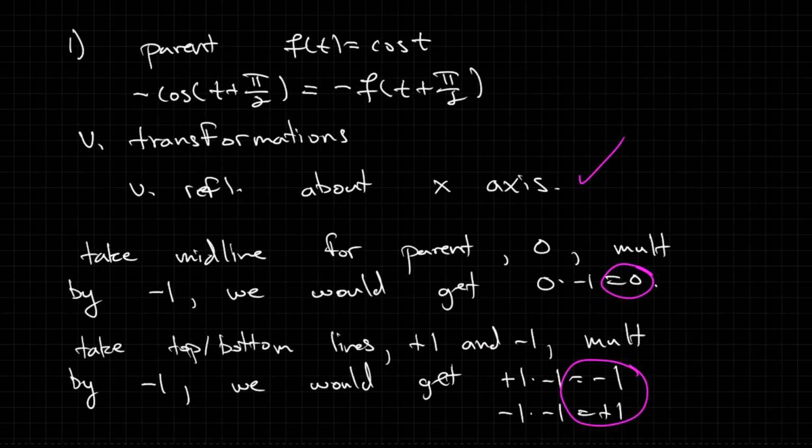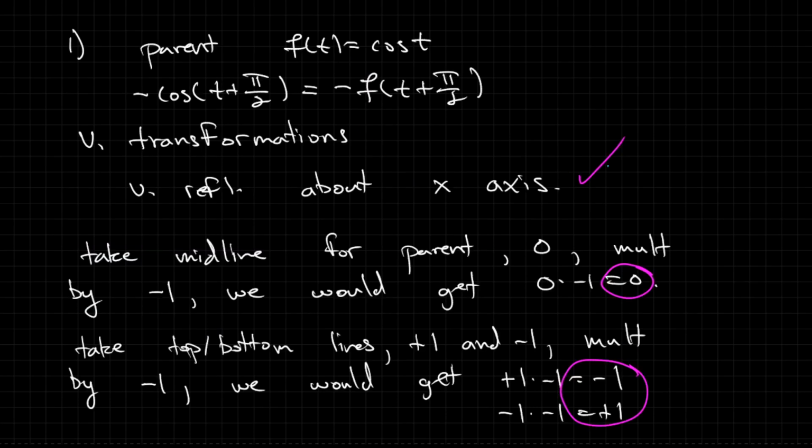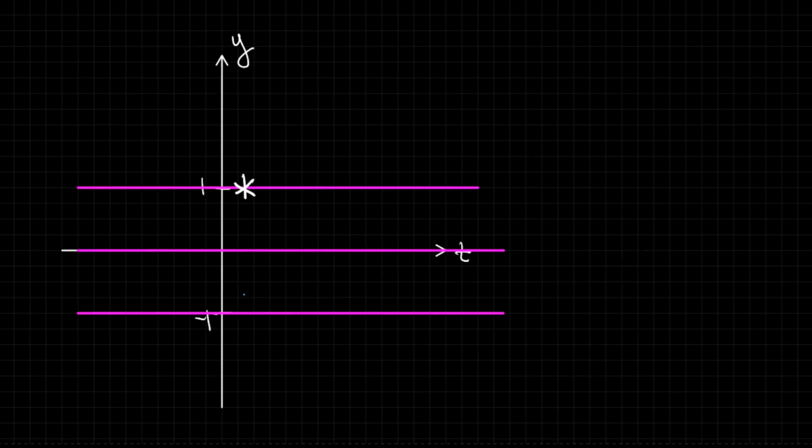But since we have a vertical reflection about the x-axis, we'll instead start at the bottom for our transformed cosine function. Then we'll go to the middle, then we'll go to the top, then back to the middle and back to the bottom. Of course, we don't know the x values yet to put these points at, but that's what we'll do.